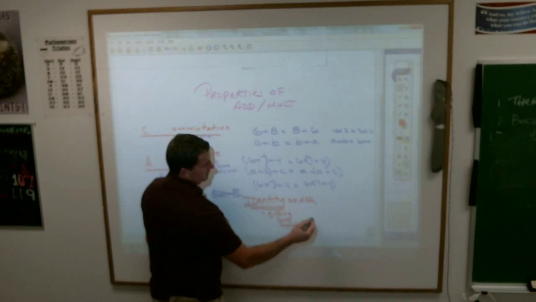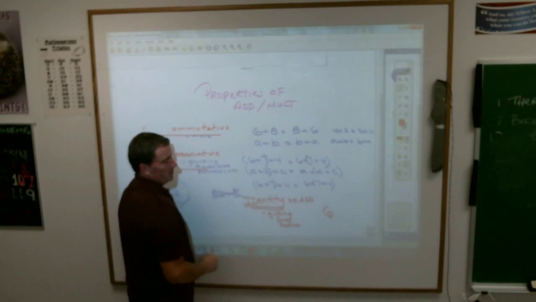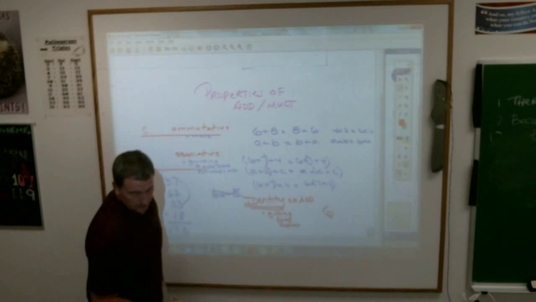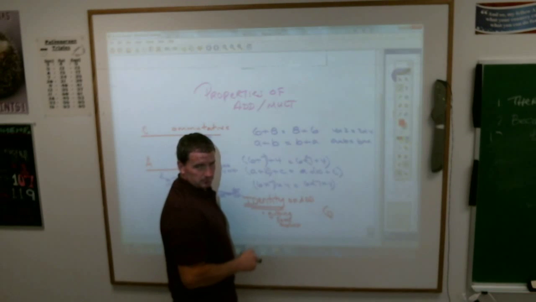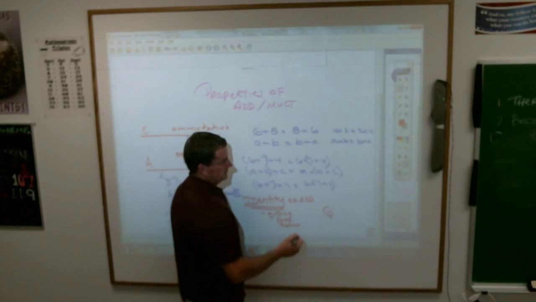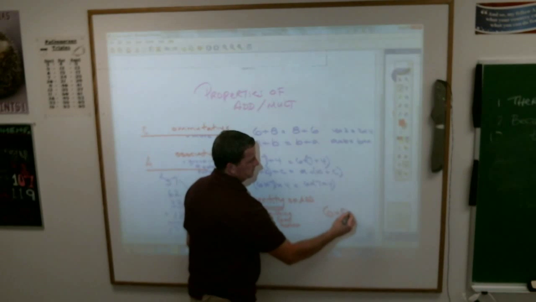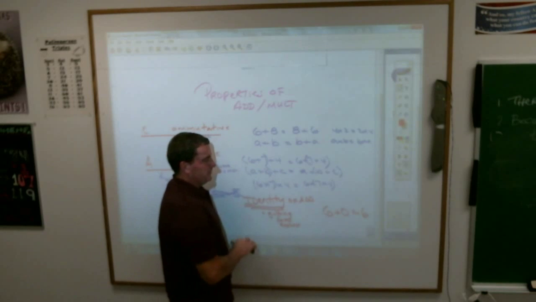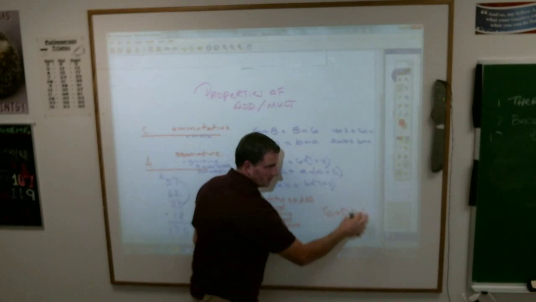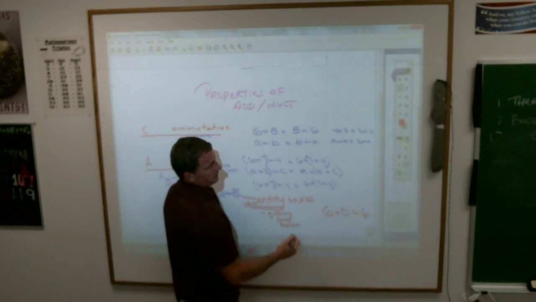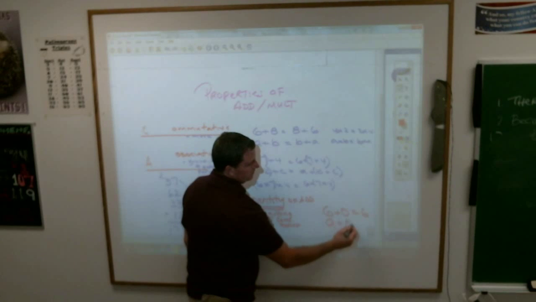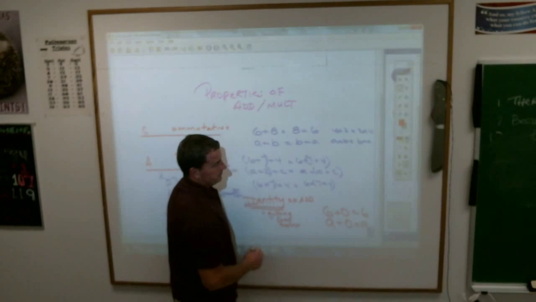Let me ask you this question: if I start with a 6, what do I add to 6 to end up with a 6? It's hard, I know. What do you add to 6 to get 6? Julia? 0. And that's what the identity property of addition says. When you add 0 to anything, you get the number you started with. Written out in letters, it would look like this: A plus 0 equals A.